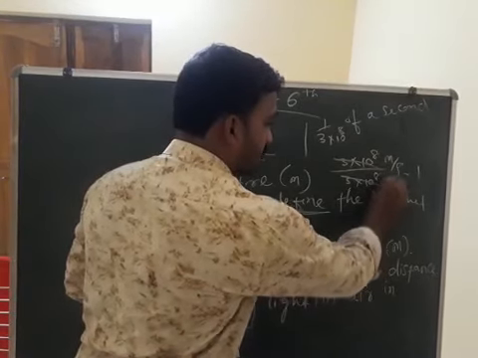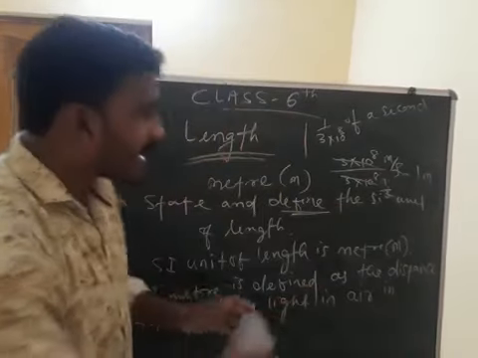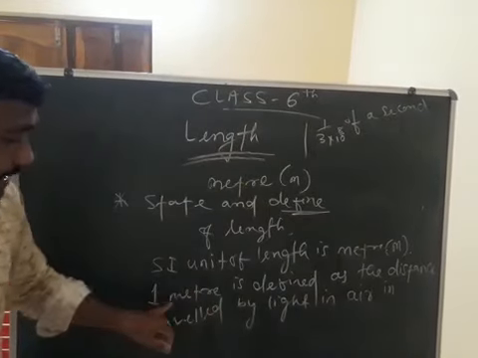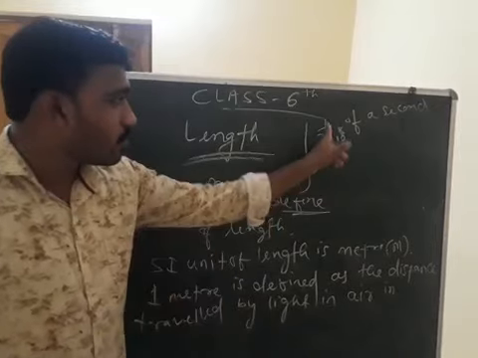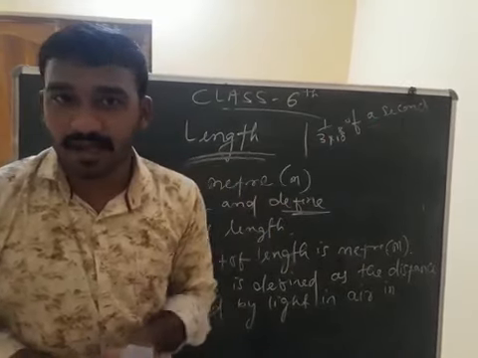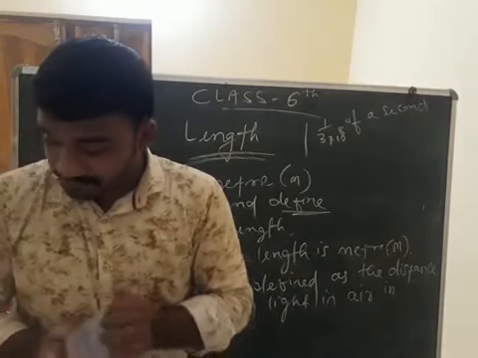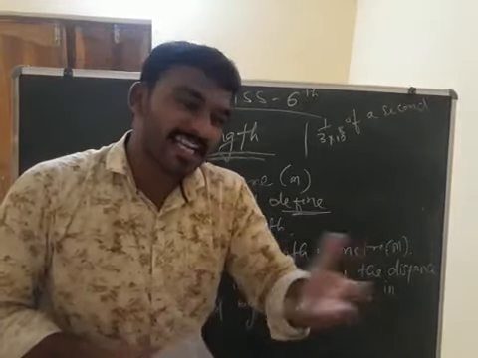Second by second cancels, and we get 1 meter. So 1 meter is defined as the distance traveled by light in air in 1 by 3 into 10 to the power 8 of a second. Clear? Another one, higher units like kilometer, smaller units like centimeter, millimeter.